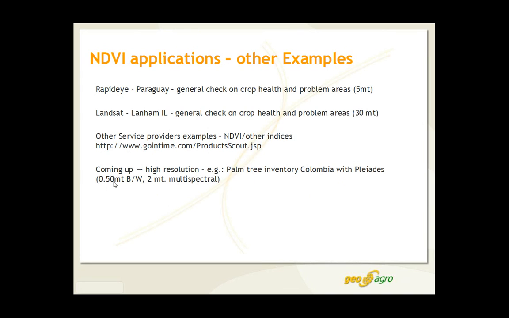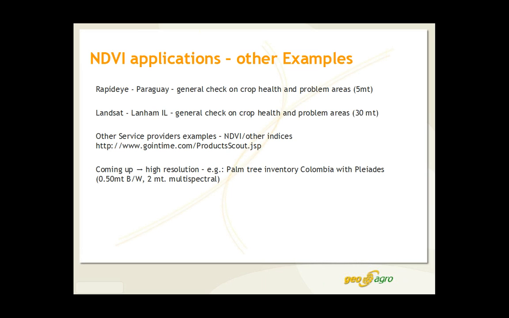It's 0.5 meters resolution black and white or panchromatic, and 2 meters multispectral. So we're going to do a palm tree inventory. These are applications that we haven't thought of before because we were working more in corn, soybean, wheat, sunflower, sugar cane now in more tropical areas.